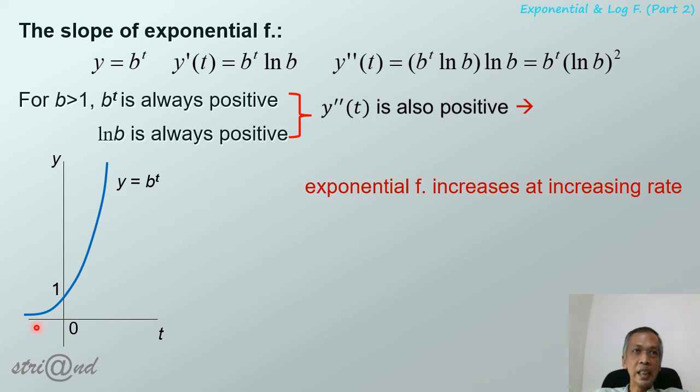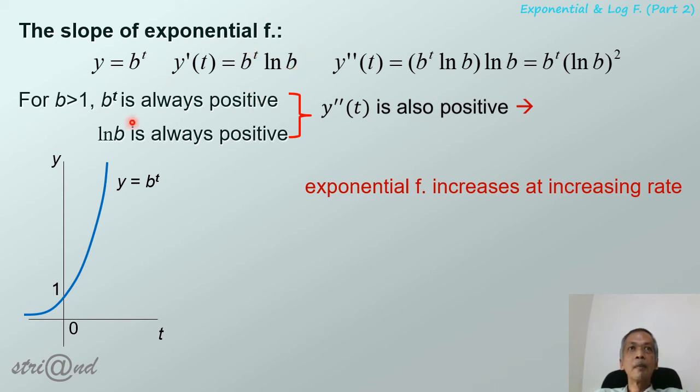So we can see here the slope is always positive, but we can see here that the slope increases. It is getting steeper. When we move from left to the right, it is getting steeper. When it is getting steeper, it shows that the slope increases. That is why here the first derivative is positive.